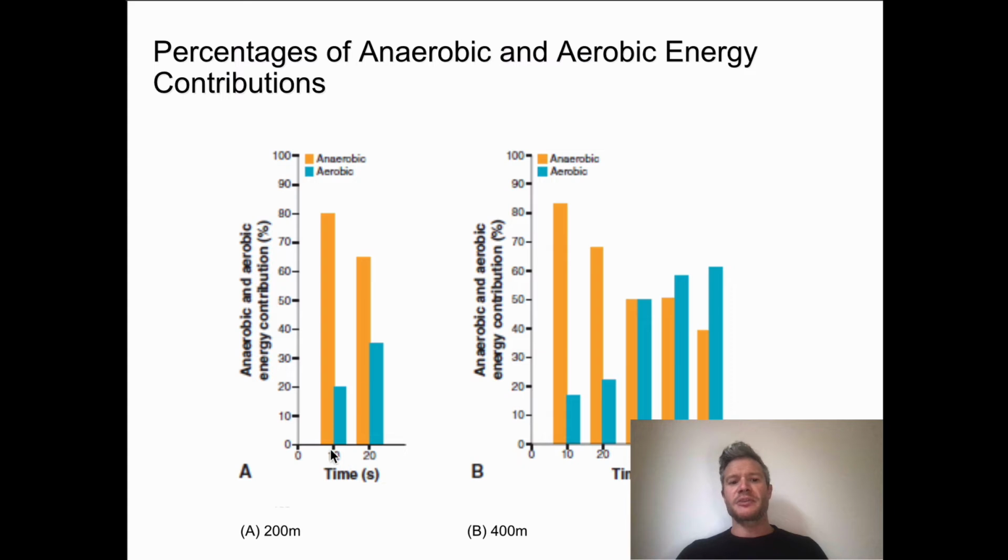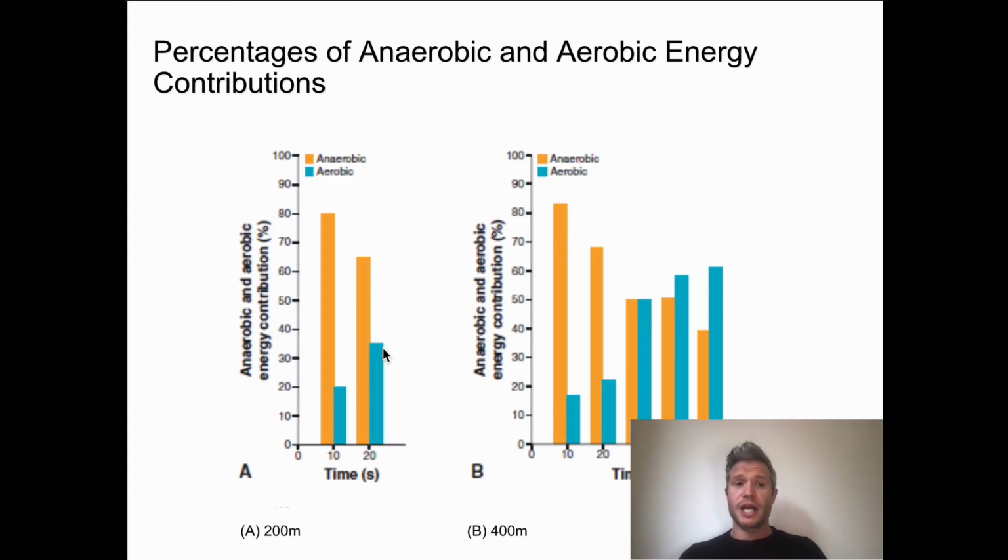So what we see is, as we increase in time, going from 0 to 10 to 20 seconds, our anaerobic system starts at 80%, then is contributing 65% as early as 20 seconds. Our aerobic system is already contributing about 20, and then about 35% of the overall amount of ATP that's getting used in this activity.